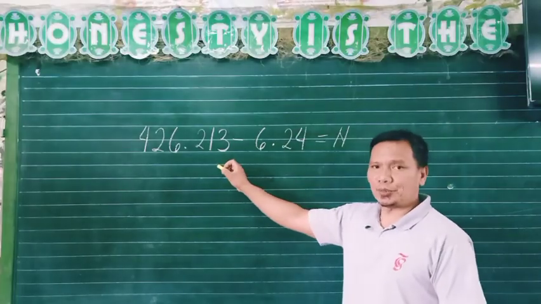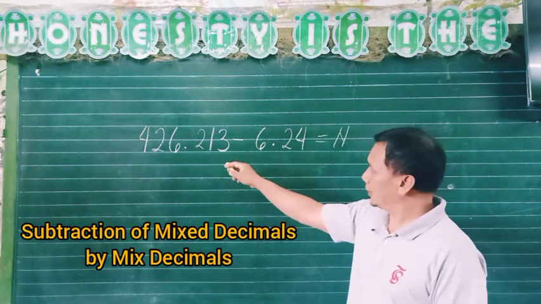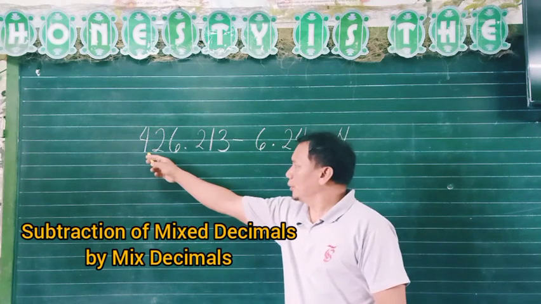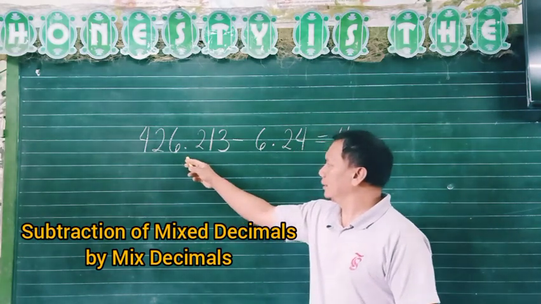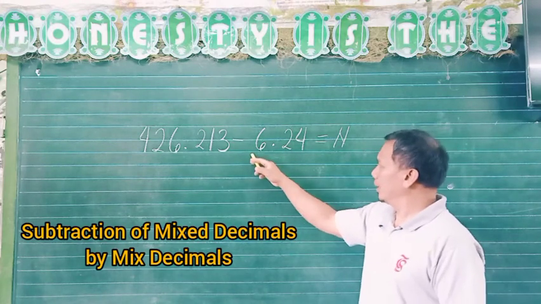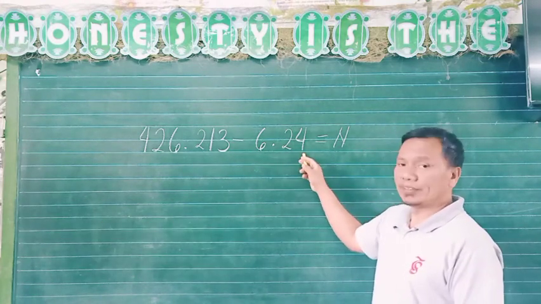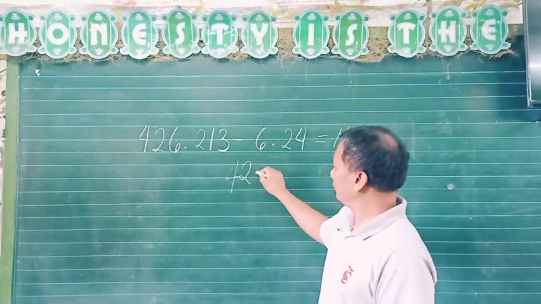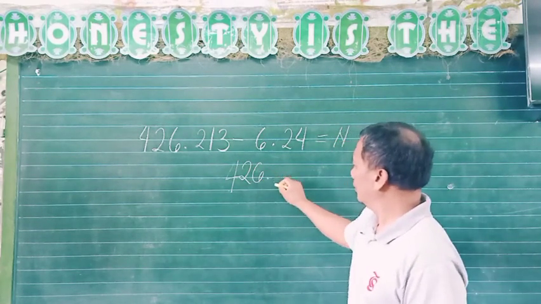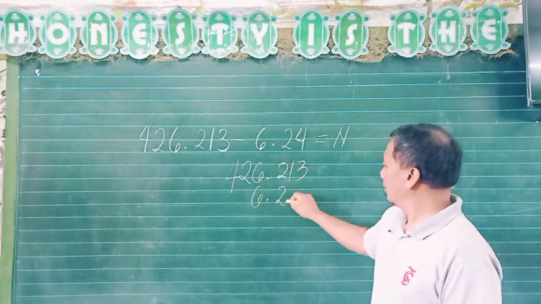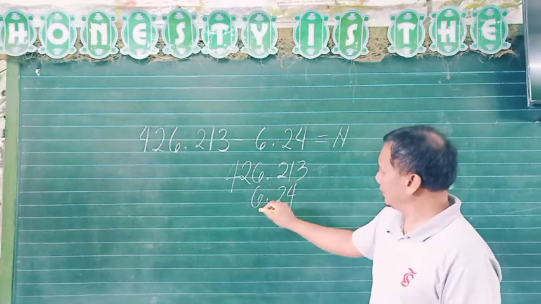Okay, we have another situation here. It's our example. So we are going to subtract 426 and 213 thousandths minus 6 and 24 hundredths. So again, we arrange this in column. Always align the decimal point.